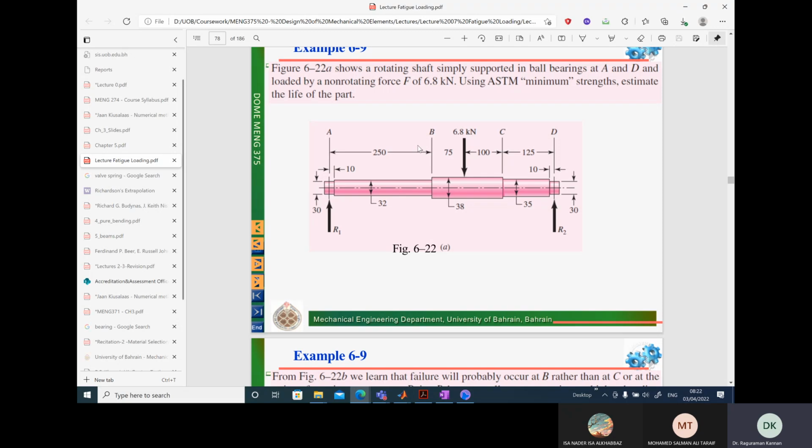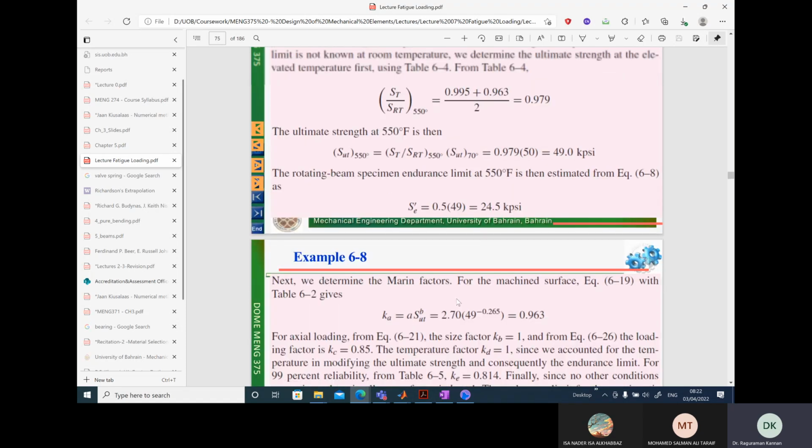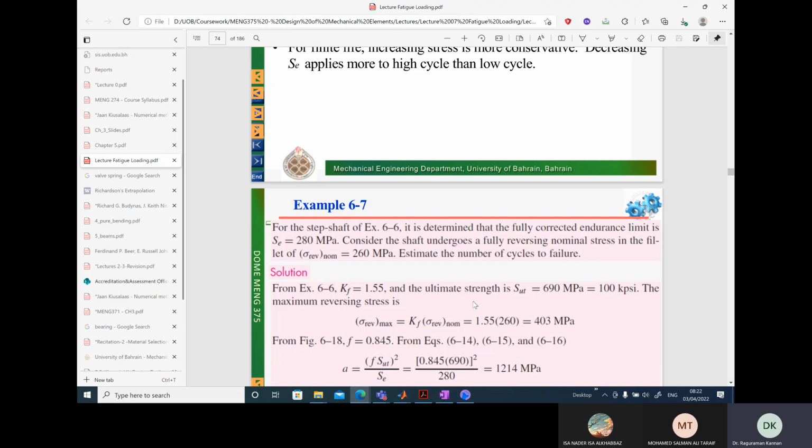Okay, so if you look at this problem, what kind of a problem is this? First, if you recall, we had derived some equations to estimate what would be the life of steel specimens. What is the formula? We have to recall, since it has been a few classes.